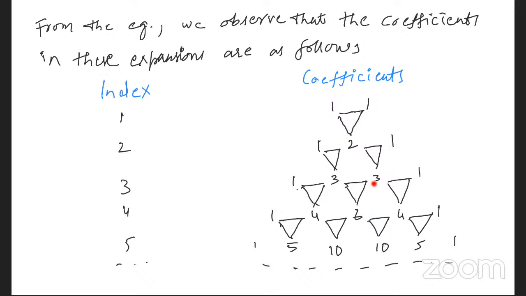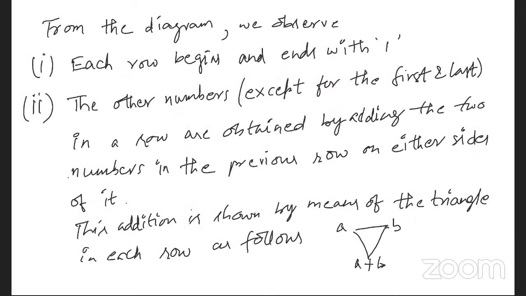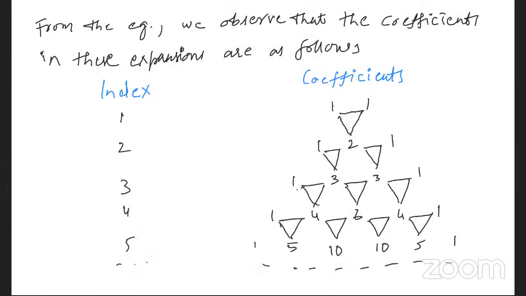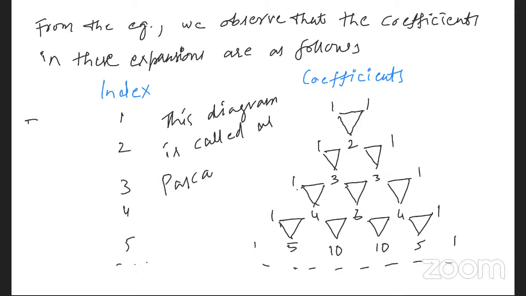So this addition is shown by means of a triangle in each row this way, A plus B. You get the resultant as A plus B. And this diagram is called Pascal triangle.